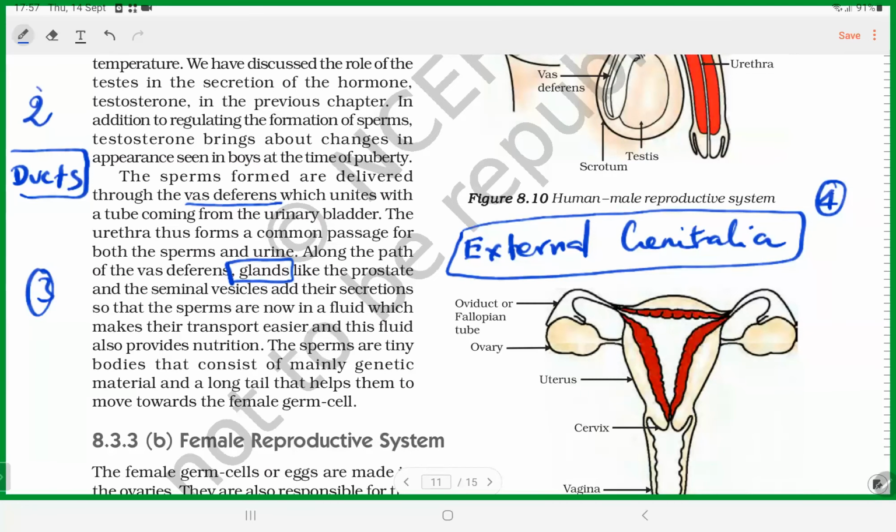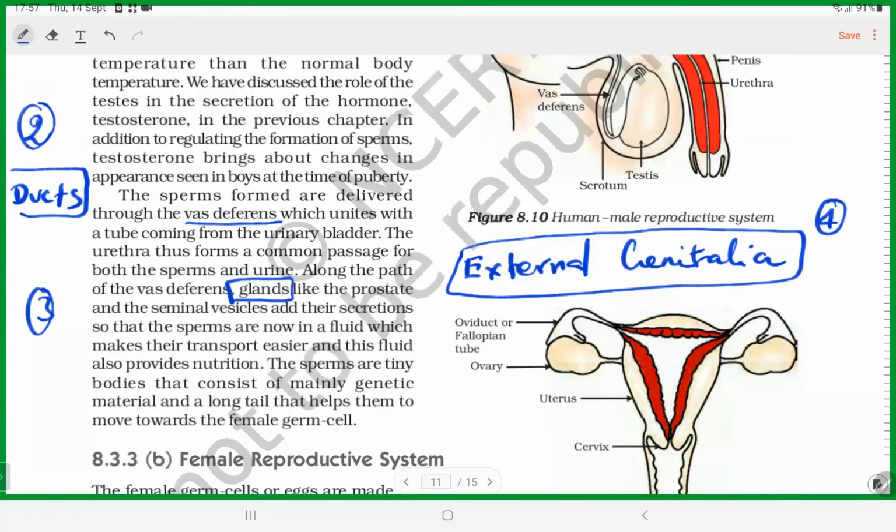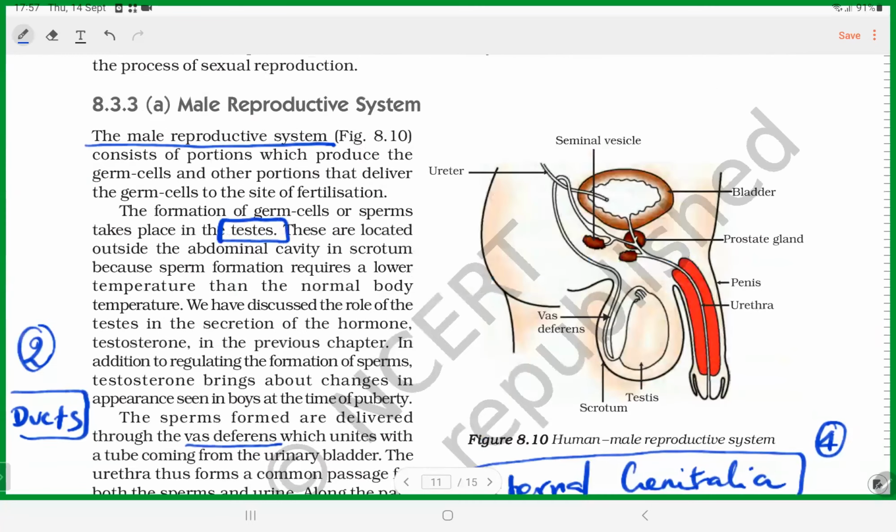Now, how many testes are there in humans? Testes exist in a pair, surrounded by the scrotum for refrigeration purposes.